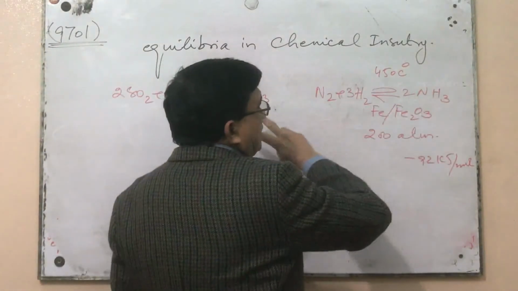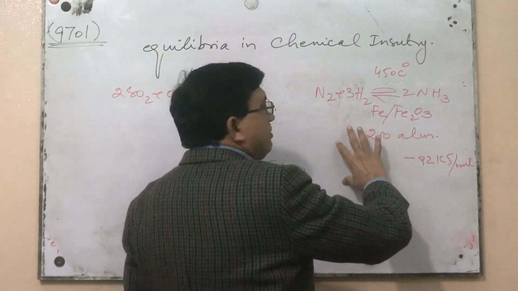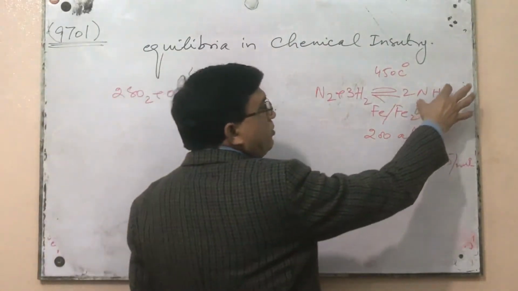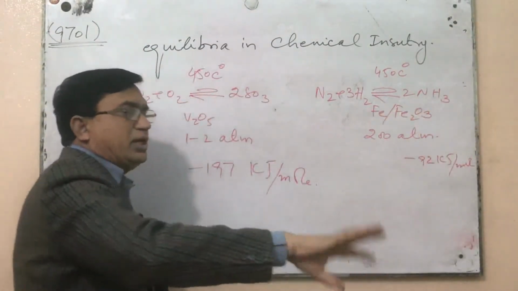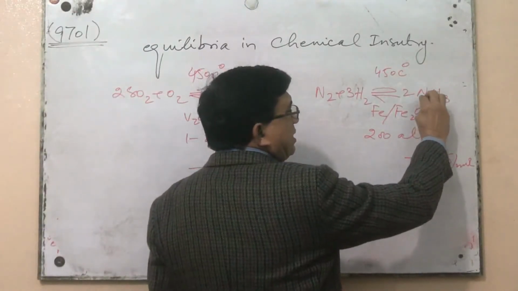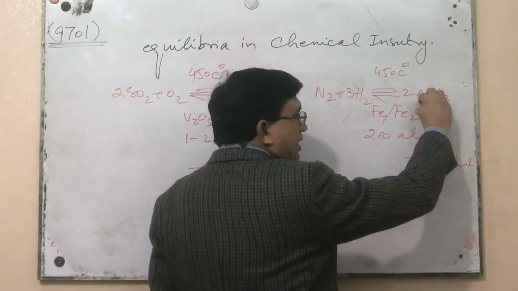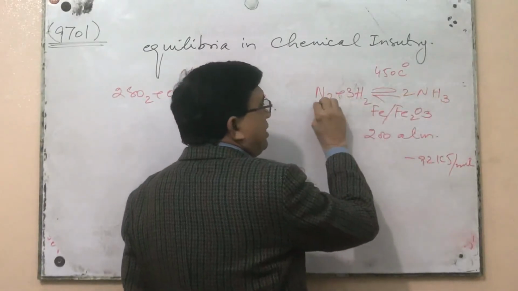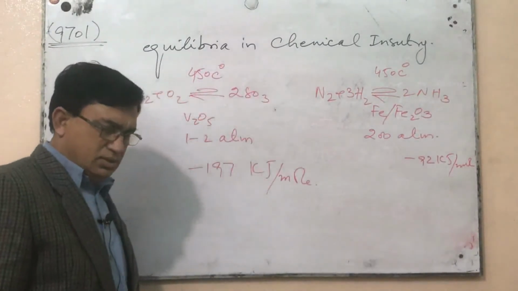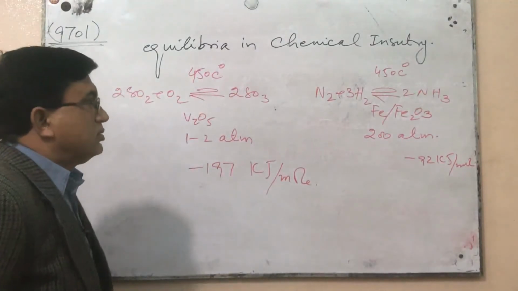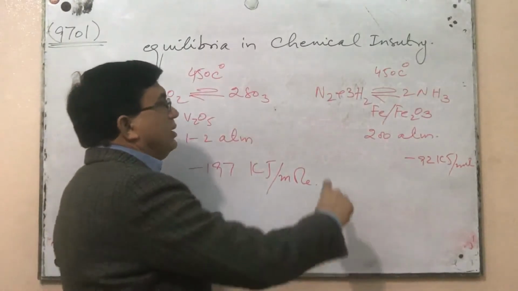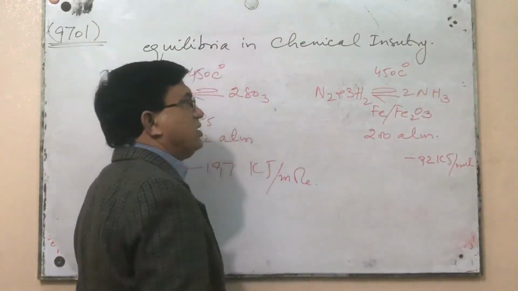Normally, in the Haber process, we remove ammonia from the reaction mixture. As a result, the concentration of ammonia remains low in the reaction mixture, and reactants always react together to compensate by increasing the concentration of ammonia, and the reaction remains in the forward direction all the time.